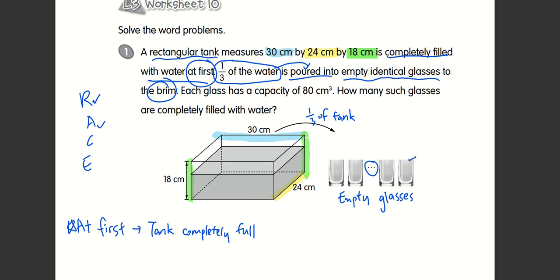So again, brim means it's poured to its full capacity. So you took the water from the tank and poured it to fill the glasses, until each glass is full, and each glass is 80 cubic centimeters.